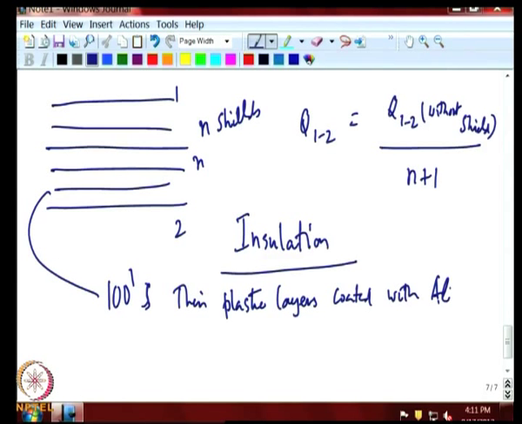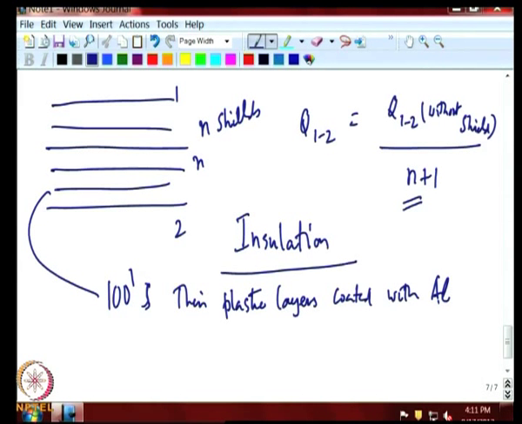So, you have a coating of aluminum on both sides, which makes it highly reflective. So, epsilon is pretty low, and in addition you are having a large n, suppose n is in hundreds. So, you can bring down the heat transfer rate by a factor of 100. Okay.